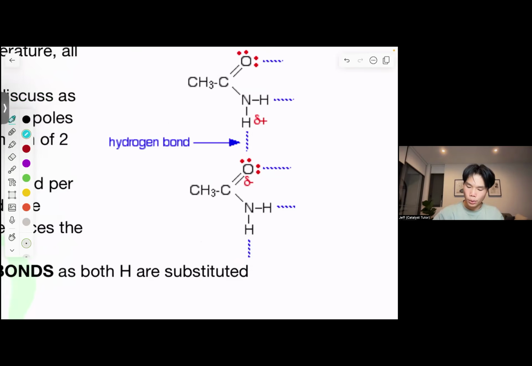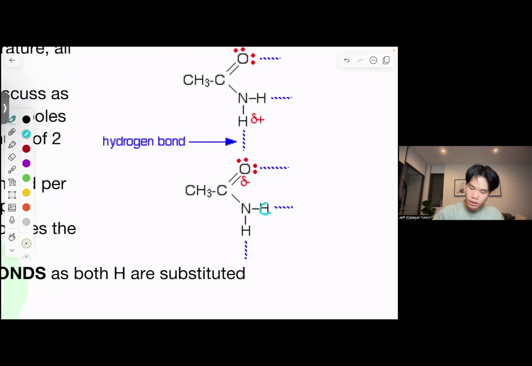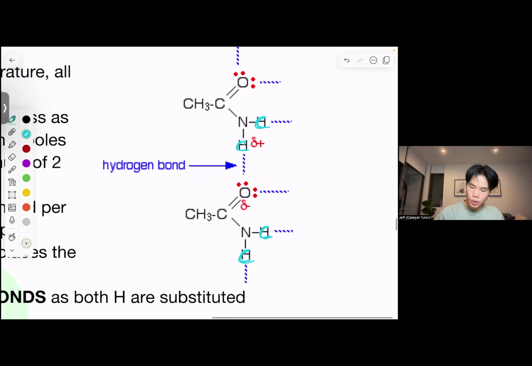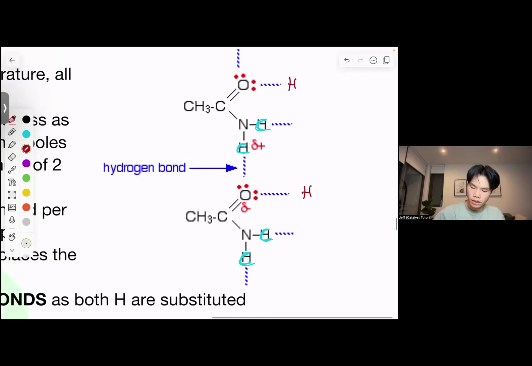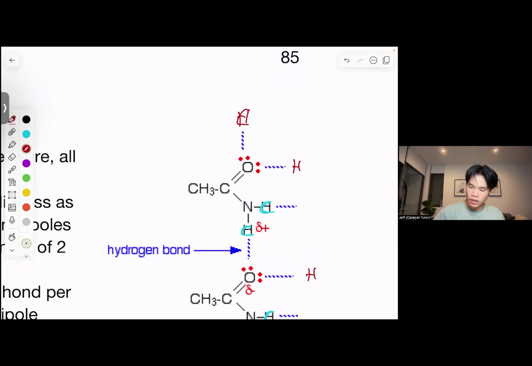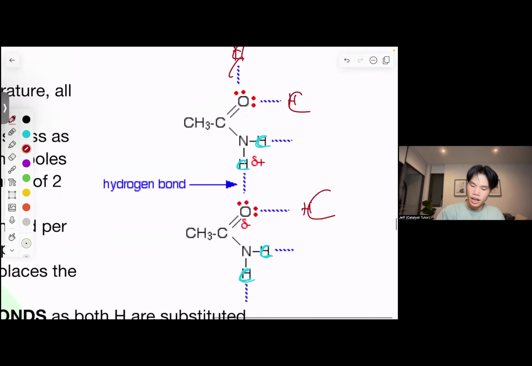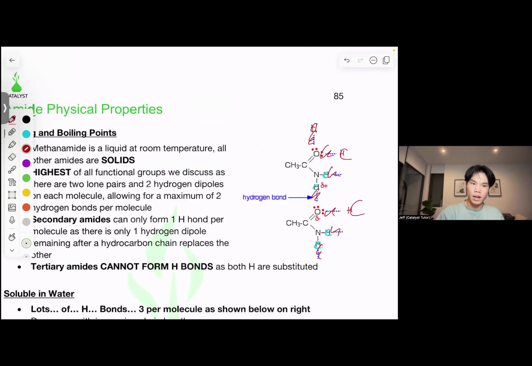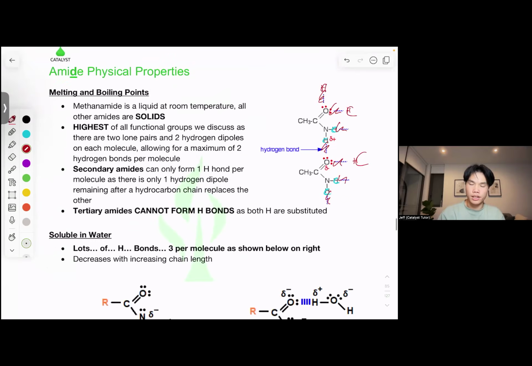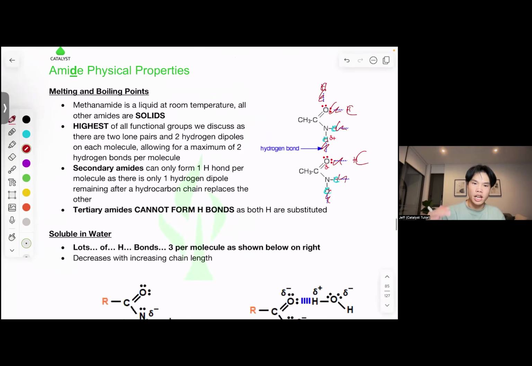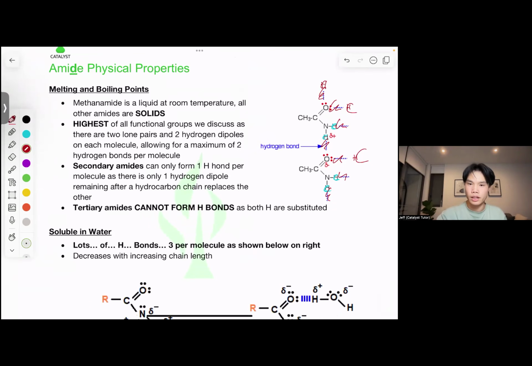Because if you replaced all of these H's with carbons, N to C, N to C, each and every one of these bonds originating from one of those H's would be to an H, but if these are all changed to carbons, none of these H bonds are possible anymore. So for a tertiary amide, you cannot have H bonding either. And for a secondary amide, the H bonding capability decreases by 1 H bond per molecule.